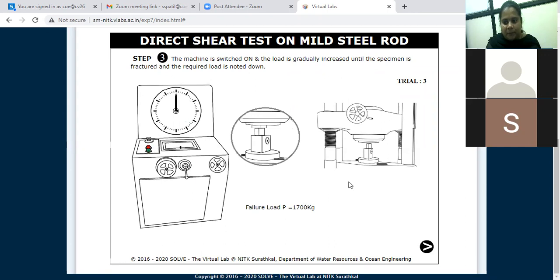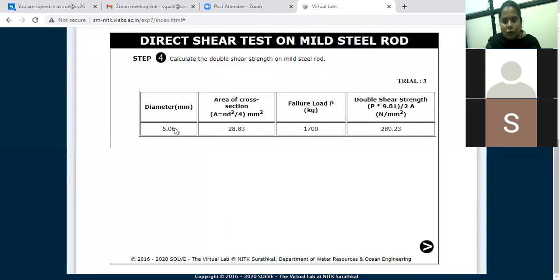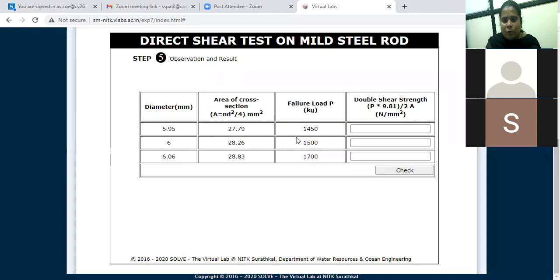Stop the machine and move towards the next step. For the third trial, the diameter is 6.06 mm, the area of cross section is 28.83, the failure load is 1700 kg, and the double shear strength is calculated. Now we will put our observations in this table.